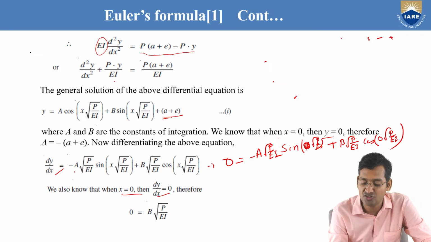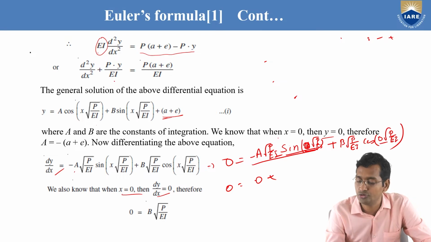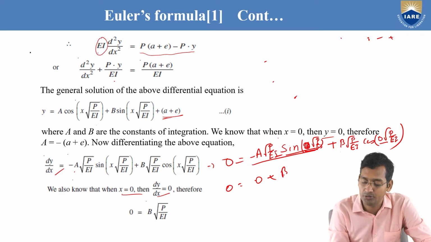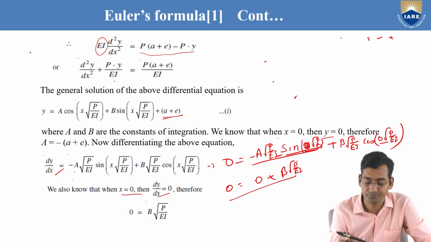At x = 0, the sine term is 0, so the first term is 0 into root P by EI, which is 0. Cos 0 is 1, so B root P by EI into 1 is B root P by EI. So again 0 equals B root P by EI.